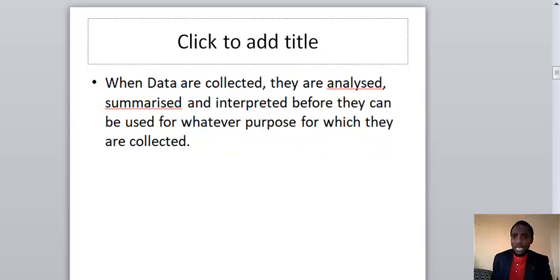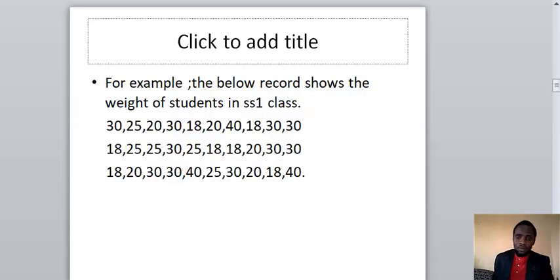When data are collected, the first thing we do is to analyze, then we summarize, then interpret before they can be used for whatever purpose for which they are collected. For example, we have a record showing the weight of students in SS1 class.